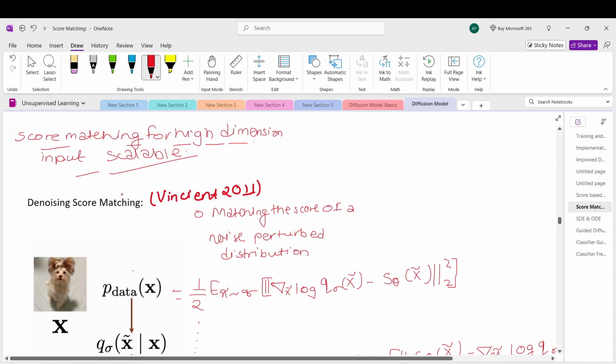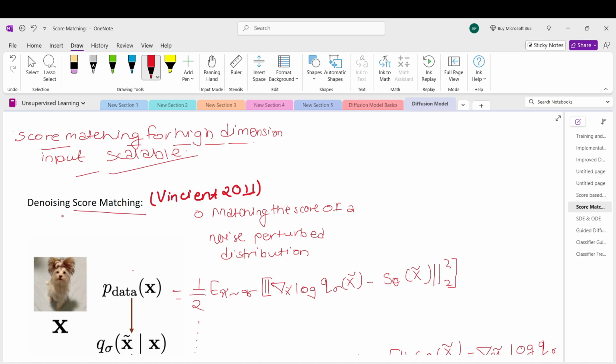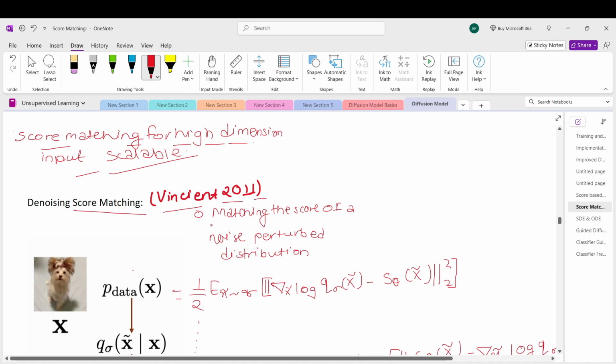This is the 2005 score matching paper, and in 2011 Vincent wrote the paper on denoising score matching.